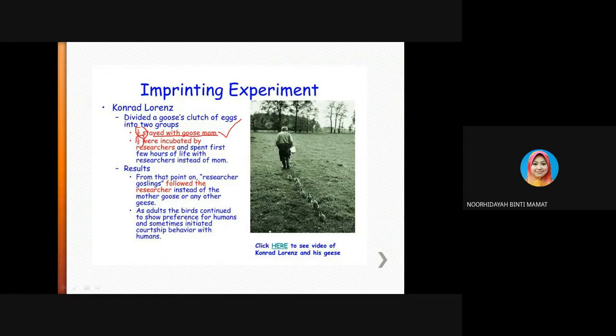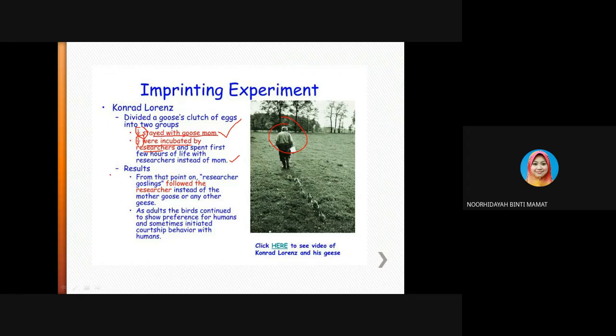The other half of the goose eggs were incubated by the researcher, by Konrad, and the goslings spent the first few hours of life with the researcher instead of the mom.